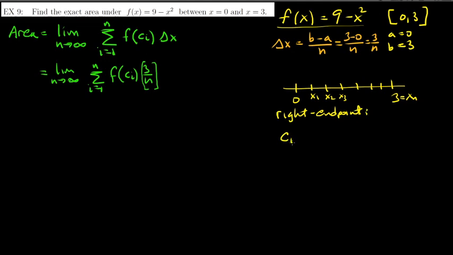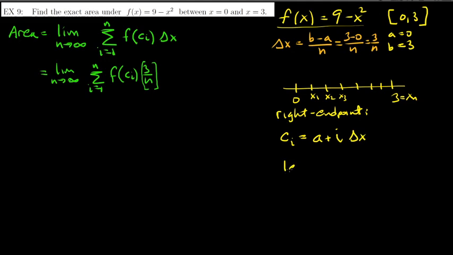So for the right endpoints, my ci is just going to be, sorry, that looks like cc, I know my i's have a little bit of a tail here. So ci is just going to be a plus i times delta x. That's for the right-hand endpoints.